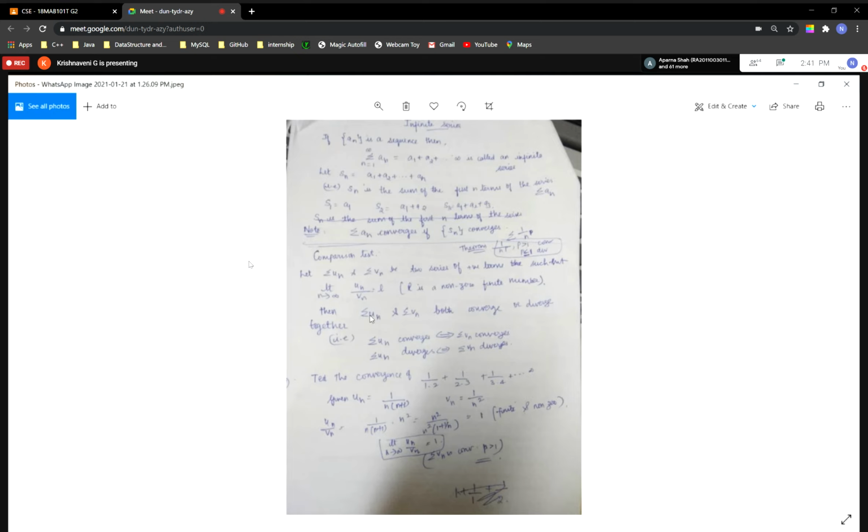Then summation un and summation vn both converge or diverge. That is, summation un converges if and only if summation vn converges. Summation un diverges if and only if summation vn also diverges. This is one problem, but I have to explain the problems on the board.